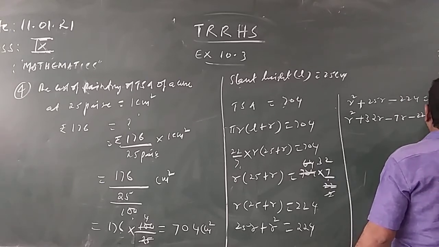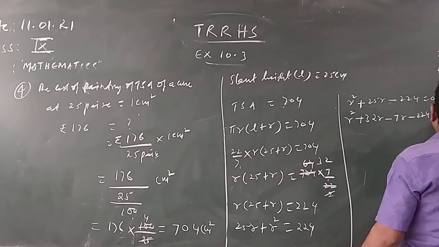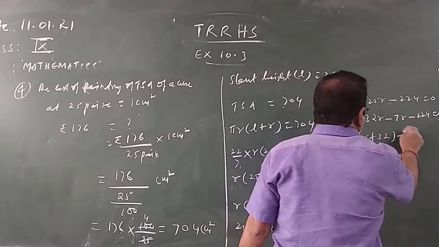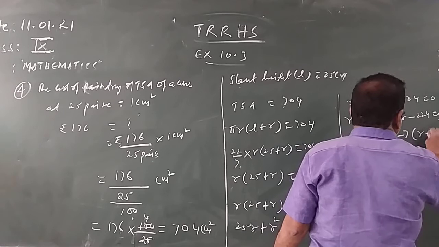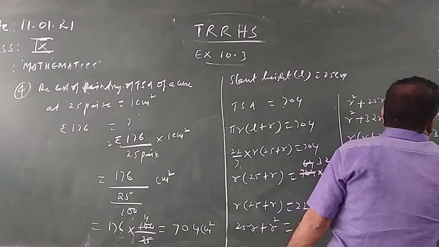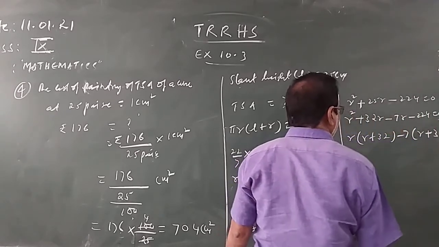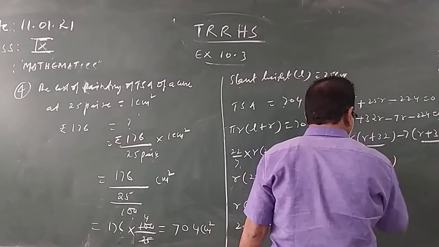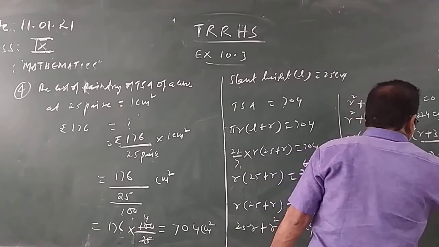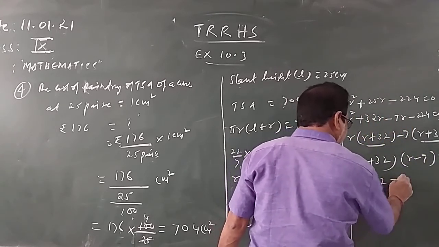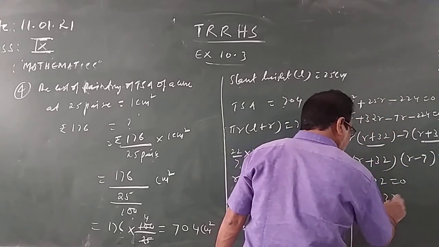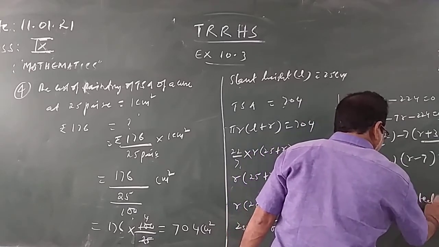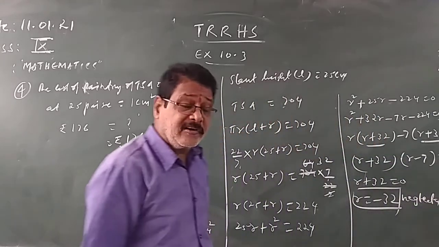Taking r common from the first two terms and 32 common from the last two: r into r plus 32 minus 7 into r plus 32 equals 0. So r plus 32 into r minus 7 equals 0. r plus 32 equals 0 gives r equal to minus 32. It should be neglected because geometrical measurements never come in negatives.